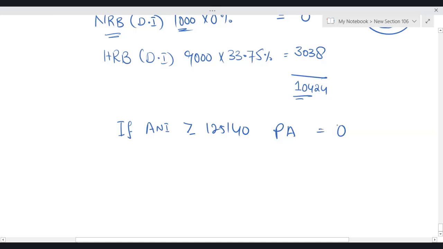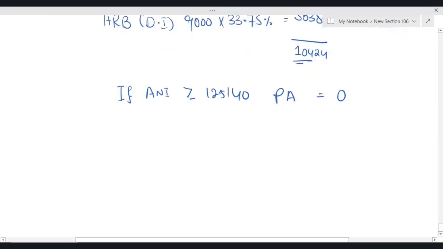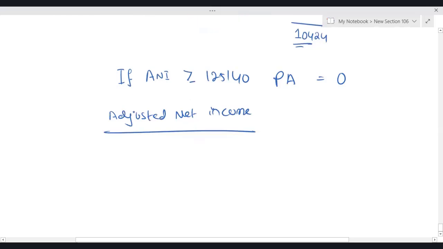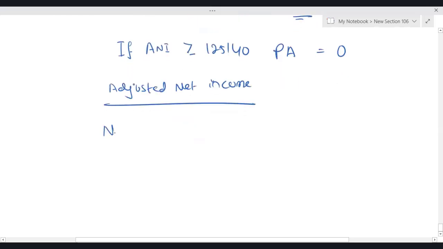Repeat. Whoever has adjusted net income more than or equal to 125,140 will get a personal allowance of zero. How do we calculate adjusted net income? First, you have to take the net income.